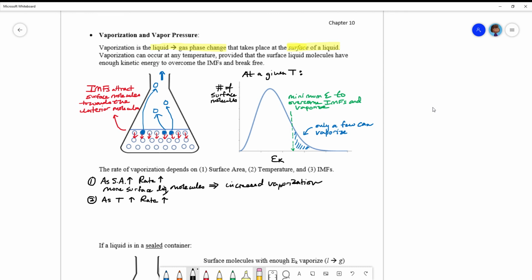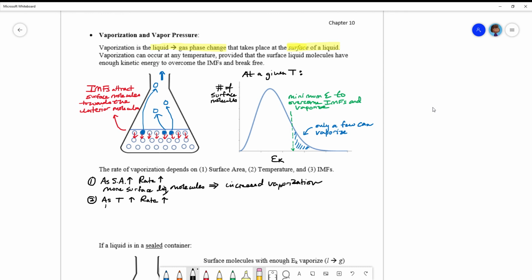Why? If we raise the temperature, we're increasing the kinetic energy of the surface molecules. And if the kinetic energy of the molecules is higher, that means more of them are going to be able to escape, increasing vaporization. So I'm going to write this down here.